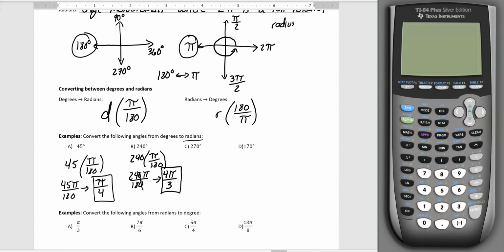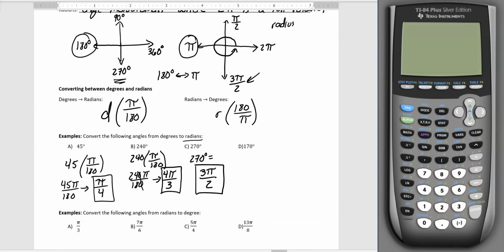Now 270 degrees, sometimes you can say, oh, I know that 270 degrees is 3/4 of a whole rotation. I know that 3 pi over 2 is 3/4 of a whole rotation. That means that 270 degrees must equal 3 pi over 2.